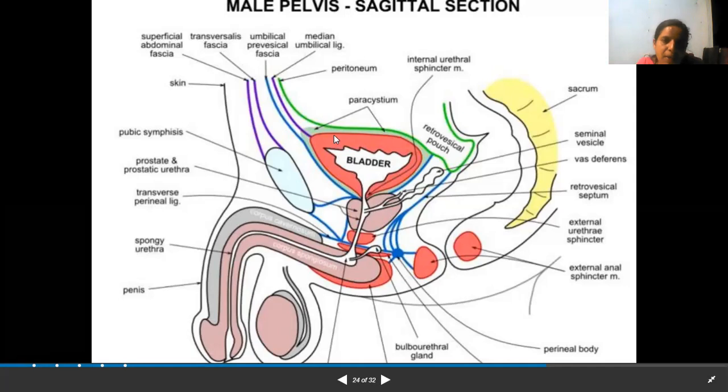So inferolateral surface, superior surface will be like this, uniform. Then this is behind, which is called as base. One more name is posterior surface. What is this area? Neck. What is this area? Apex. At the neck, what gland do we have? Prostate gland. And this is the apex where we have median umbilical ligament.